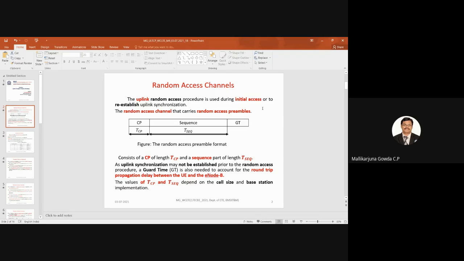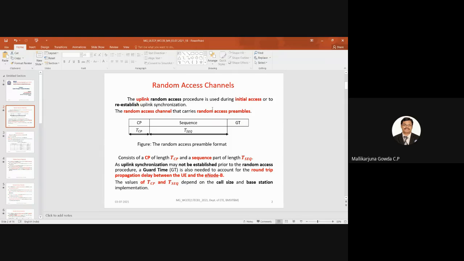With initial access, or if you want to re-establish the uplink synchronization, this is used. So the random access channel carries the random access preambles.